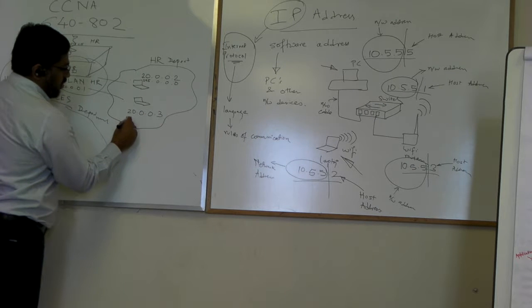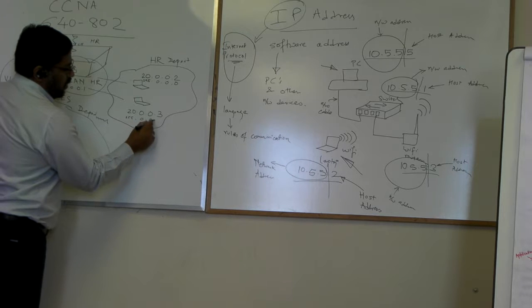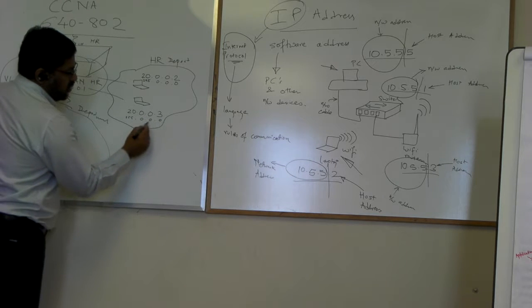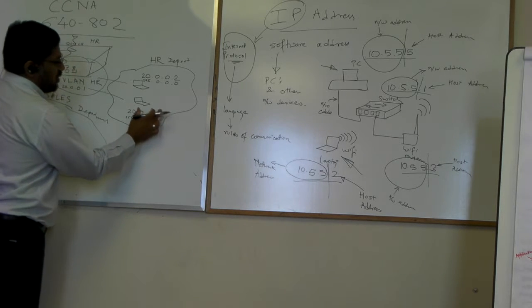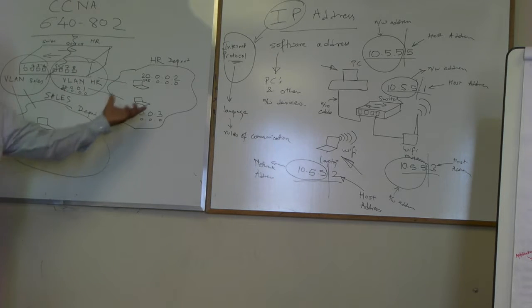So 255 is my subnet address to identify this is a network address, and all zeros are for identifying that this is the actual computer address. Now it is complete. Any questions of this? Does this make sense? How we have come up with a simple, very basic, small network.